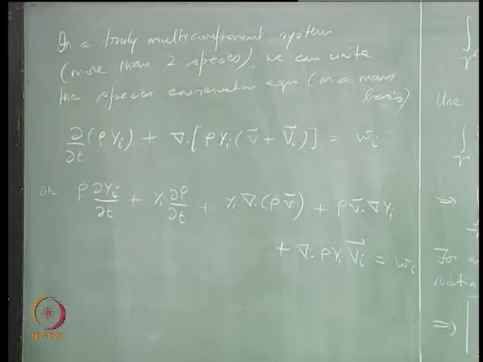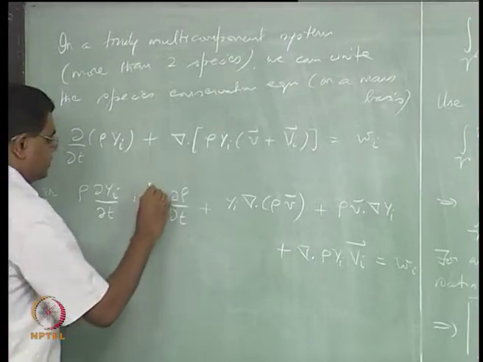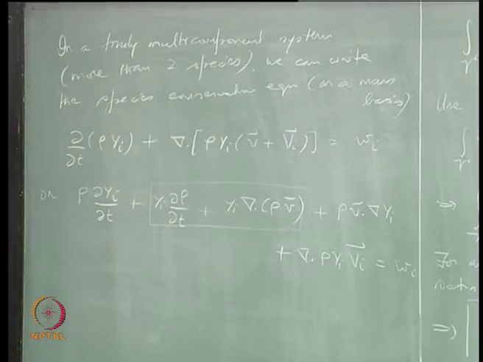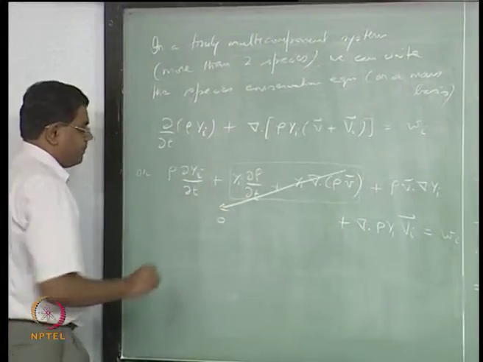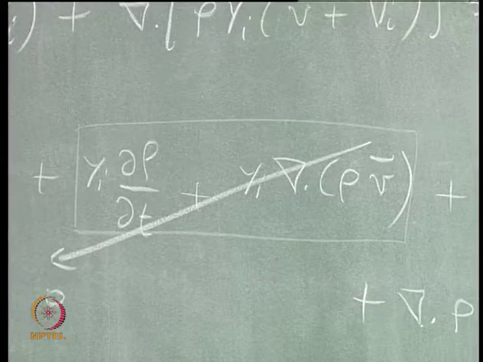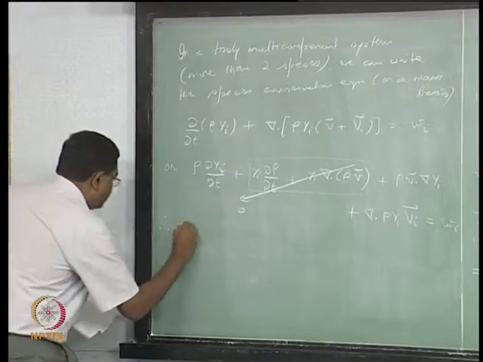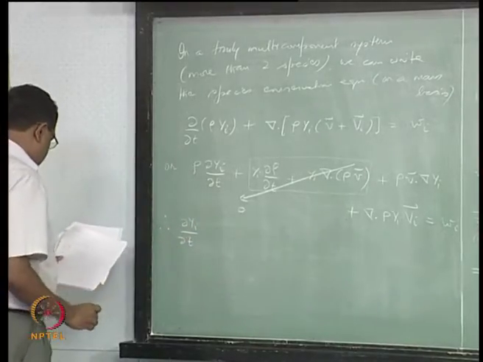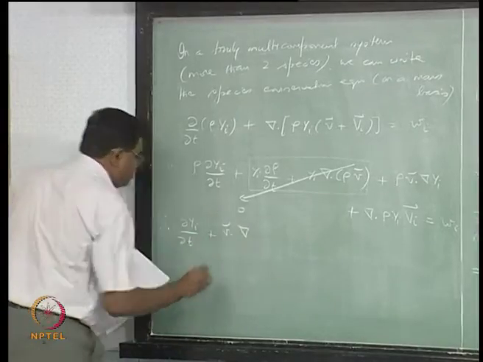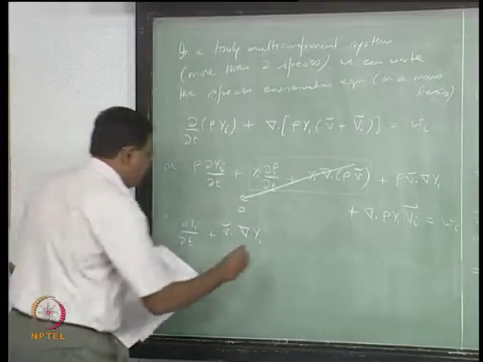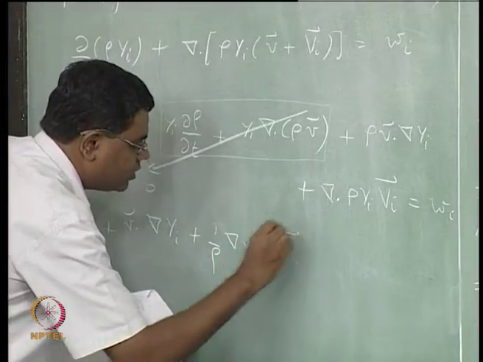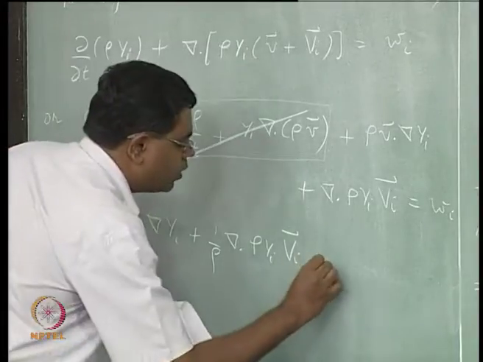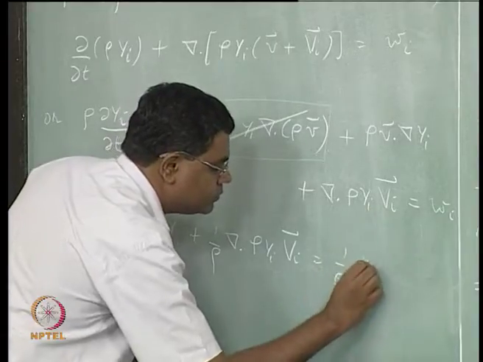The way it's written up is to group these two together, and then notice that this is just Yi times this, so therefore this can go out, and therefore you have dou Yi by dou t plus V dot del Yi plus 1 over rho divergence of rho Yi capital Vi equal to 1 over rho Wi.